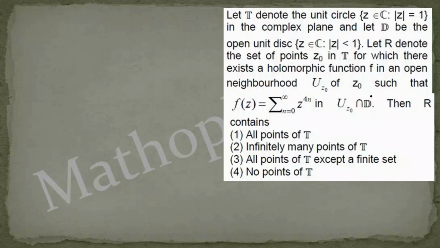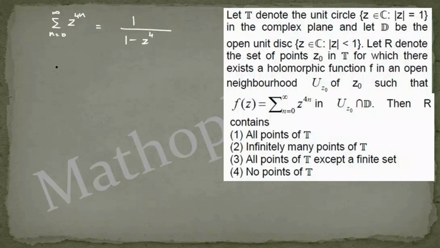So what is given here is f of z is summation n from 0 to infinity z bar 4n. So it's a geometric series with ratio z bar 4. So we can write this as 1 by 1 minus z bar 4.